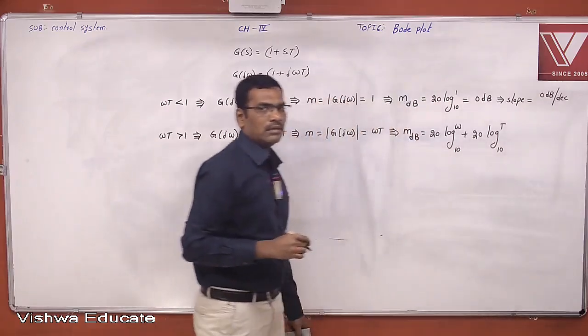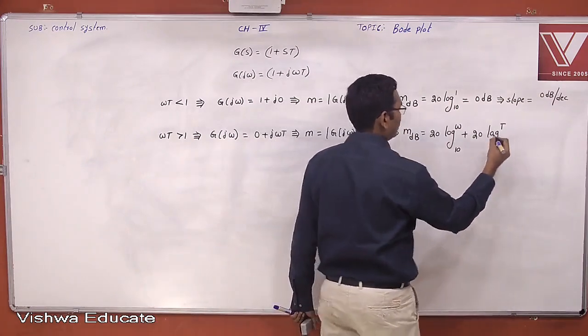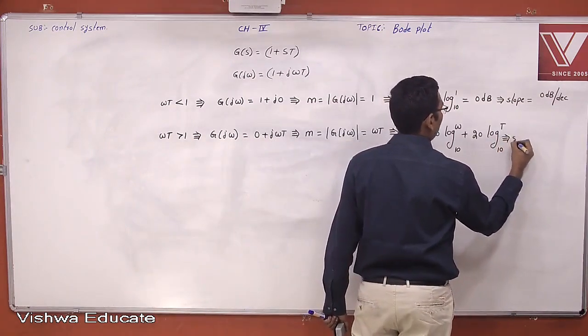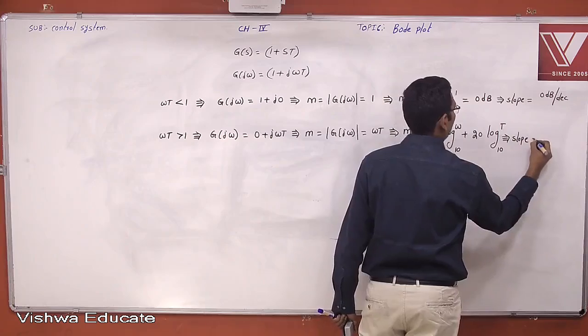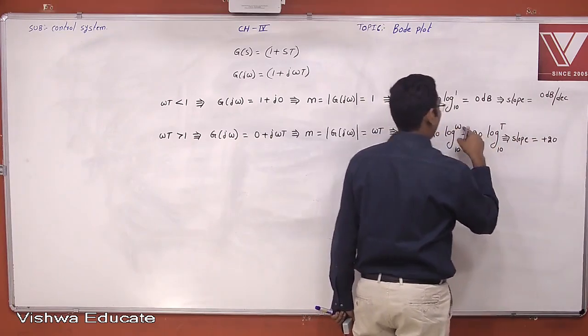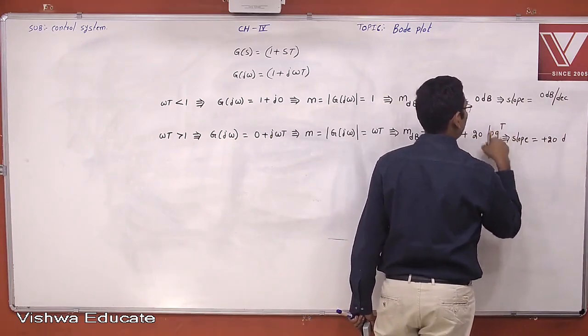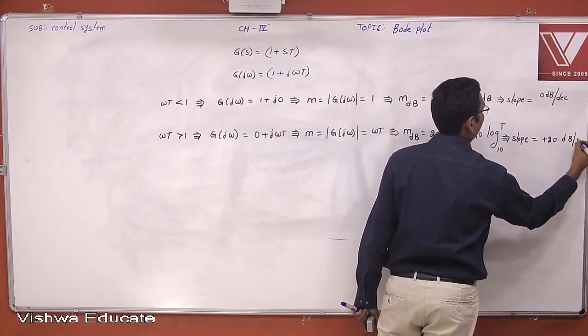Now this is magnitude in terms of dB. Then if you measure slope, it is plus 20 log omega differentiated with respect to log omega, therefore this is 20 plus 0, so 20 dB per decade finally.